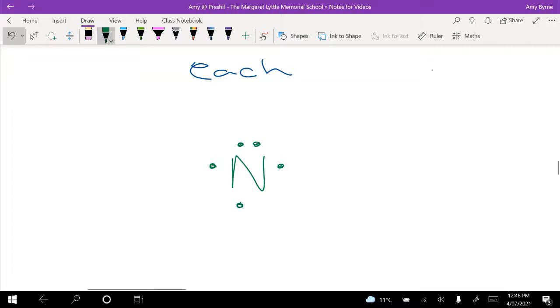But in nitrosyl chloride, what happens? I've got an oxygen over here. So how many electrons does oxygen have in its outer shell? Drum roll, please, 6. So it's got 2 lone pairs and 2 electrons that it shares with the nitrogen.